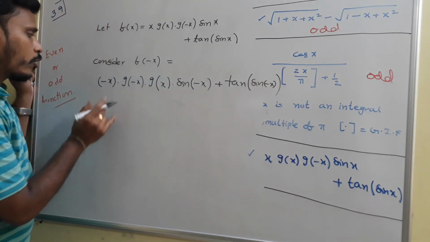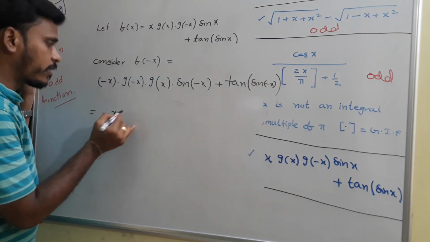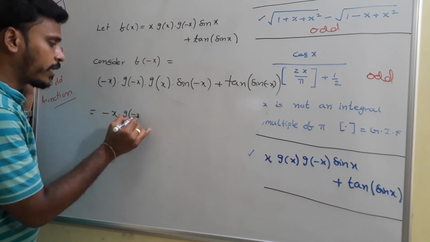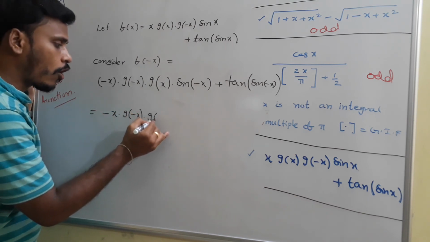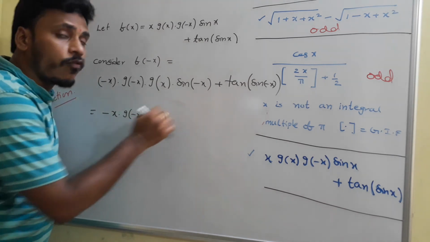Now this is equal to minus x into g of minus x into g of x into sine of minus x.